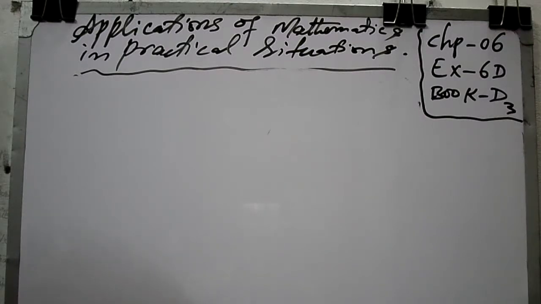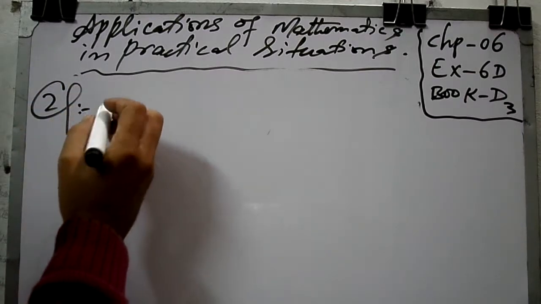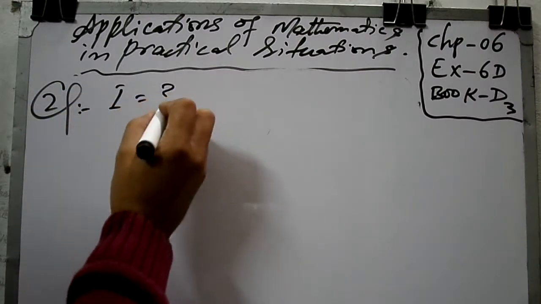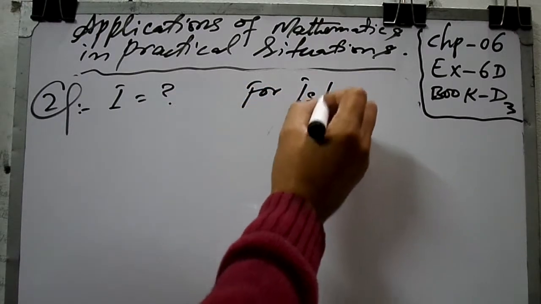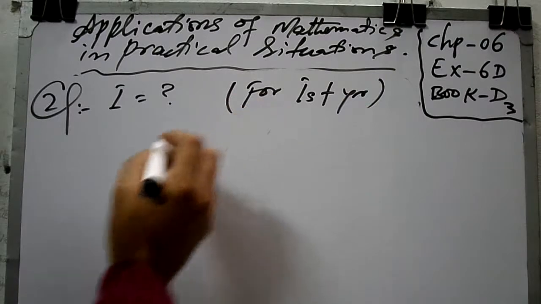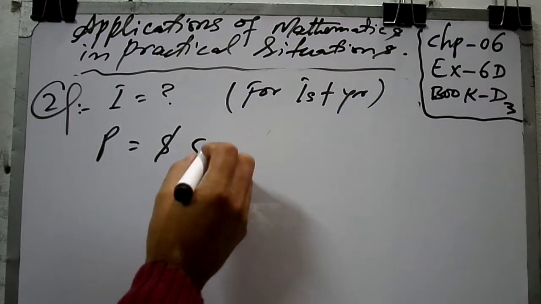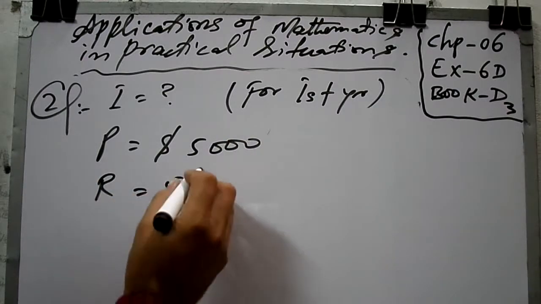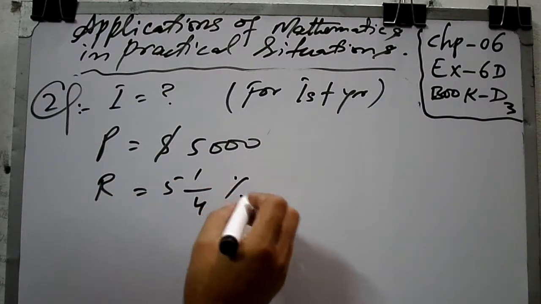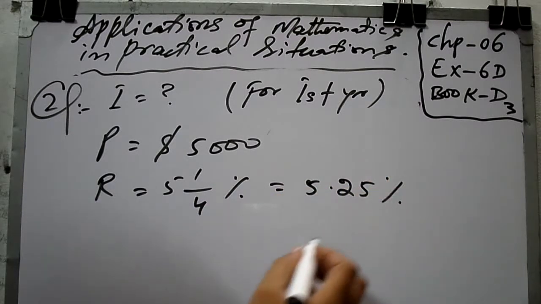So for the first year we have to calculate. Question number 2, we have to find interest. So for the first year, principal amount is equal to $5,000. Rate of interest is equal to 5 1/4%, that is equal to 5.25%.